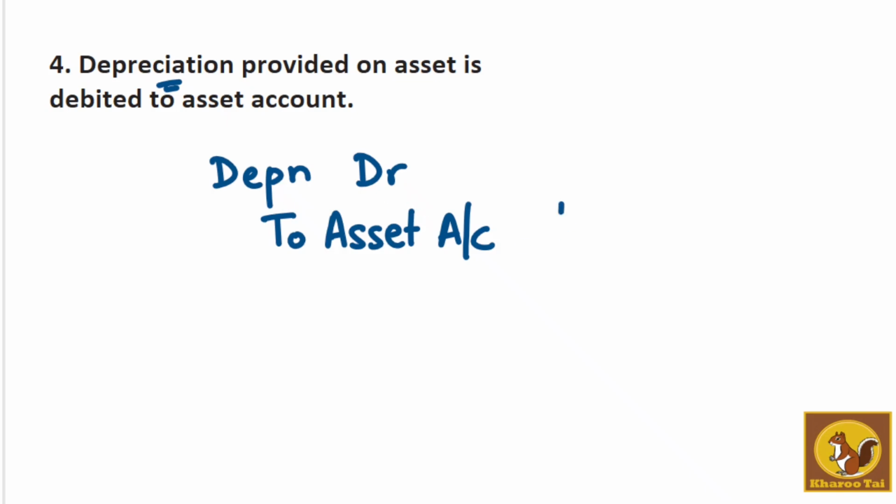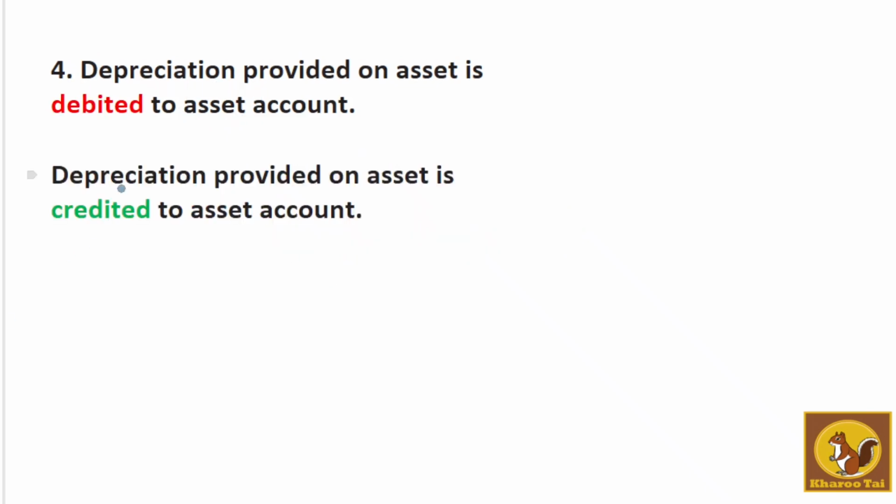The asset value reduces because of depreciation. So depreciation provided on asset is debited to asset account. We are debiting depreciation account and not asset account. Asset account is credited. So it's better that we write depreciation provided on asset is credited to asset account.